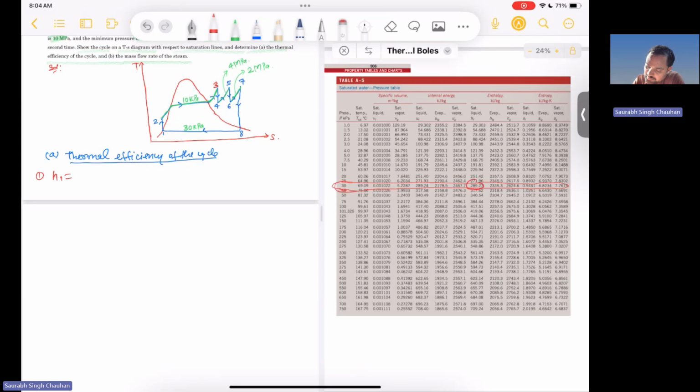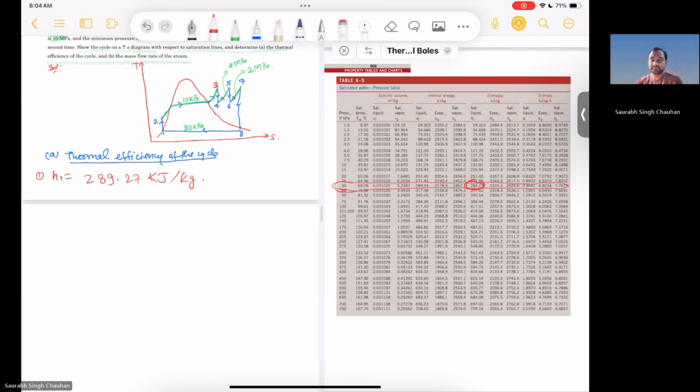So the enthalpy of saturated liquid is 289.27 kilojoule per kg.